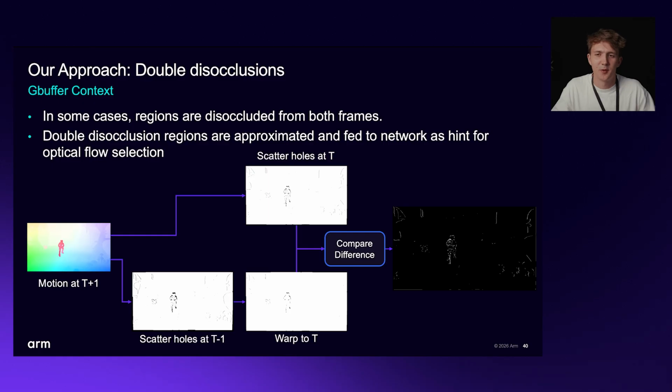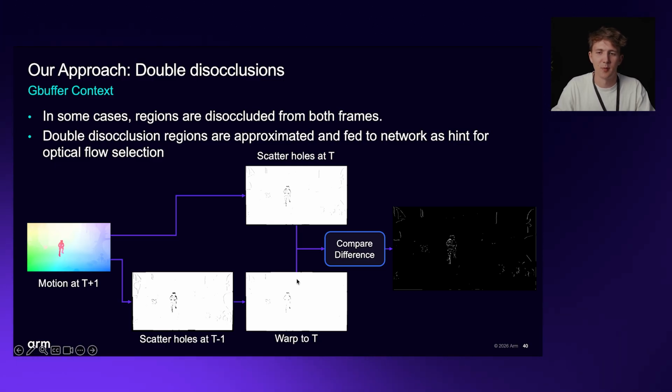Sometimes neither of the candidates built using motion vectors will contain reliable information for a region in our target frame, and we refer to these areas as double disocclusions, and we provide these as a hint to the network as well. First, we build hole maps by scattering the rendered motion vectors towards t-1 and the target frame t. We then gather the t-1 hole map back to t, and then we compare the two.